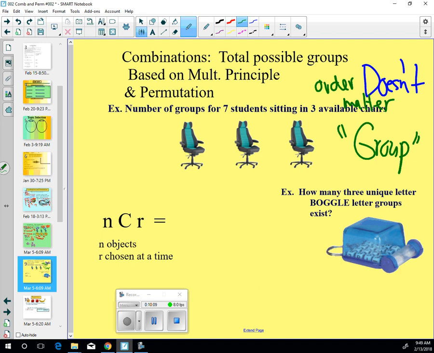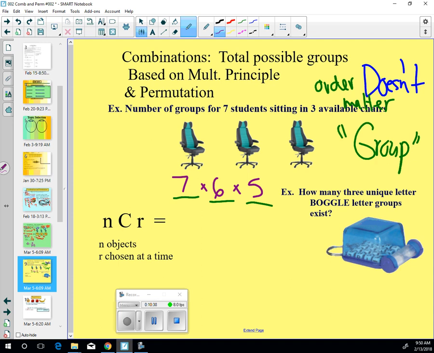3 factorial, right? So what essentially you're going to do is if you're looking at number of groups of 7, you do these, by the way, I call this the slash method. Sounds violent, but it's not. I use slashes, and this tells me how many locations there are so I can set up my multiplication deal. If I have 7 students, 3 available chairs, there's 7 that can go here, then there's 6, then there's 5.